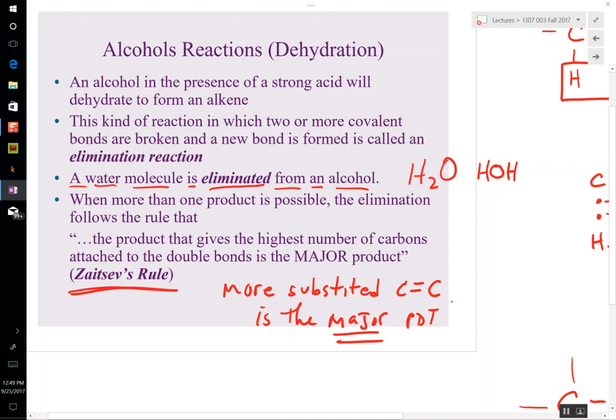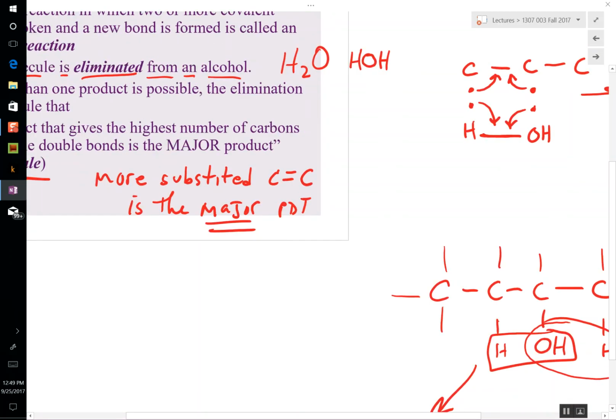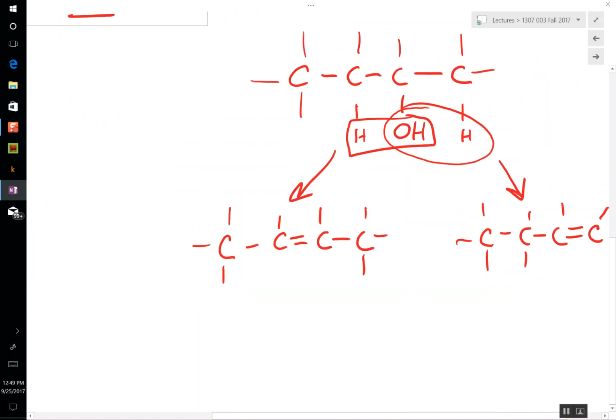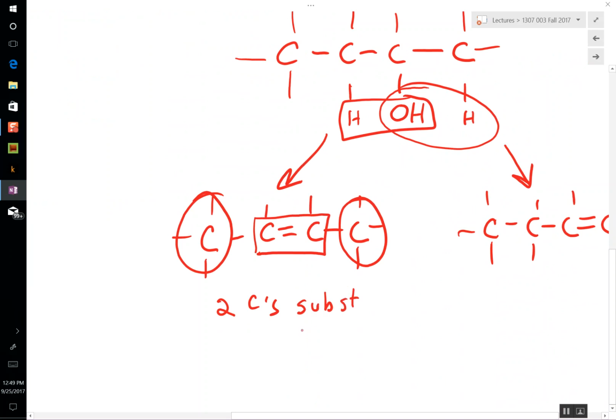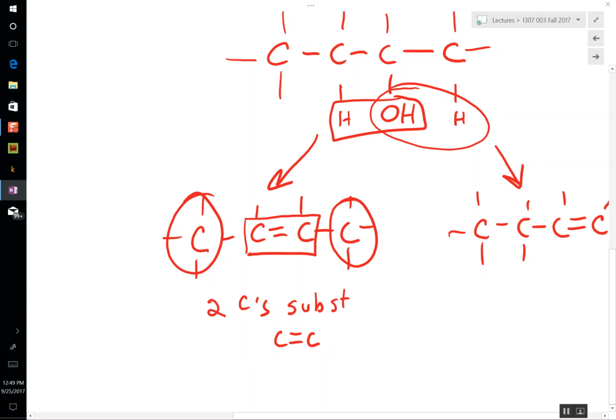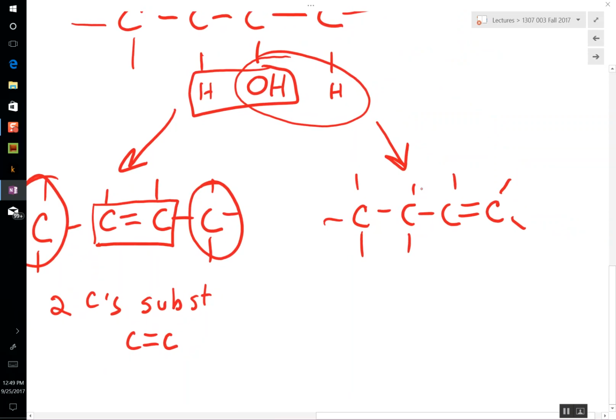All right, let's go back here and see what I mean by substituted. So here's our two. What we do here is we focus in on this double bond. And we say how many carbons are attached to those two carbons. And we have 1, 2. So there are 2 carbons substituted on the double bond. Over here, we have 1 carbon. Now, we don't count how long the chain is behind it.